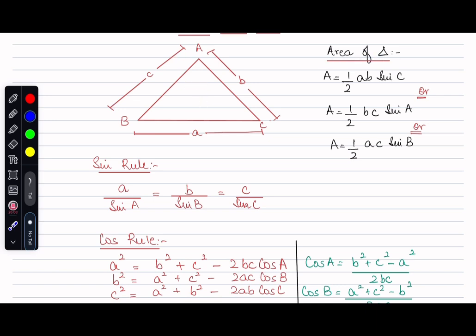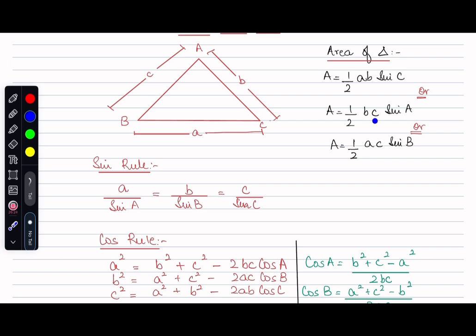So the area of this triangle can be given as 1 by 2 into the two adjacent sides A and B and the sine of the inclusive angle C. Two adjacent sides, the product of AB into sine of angle C here.